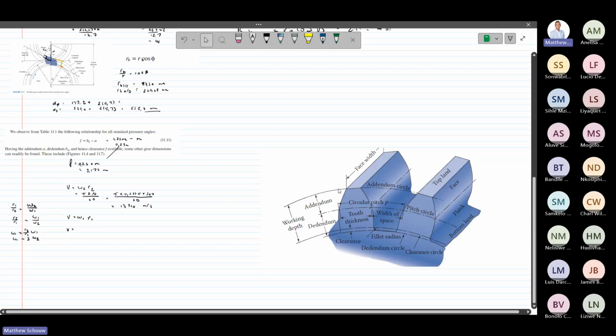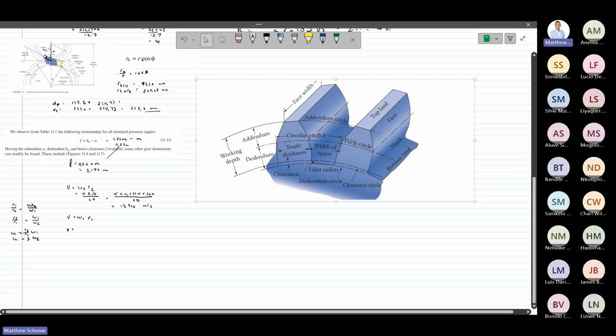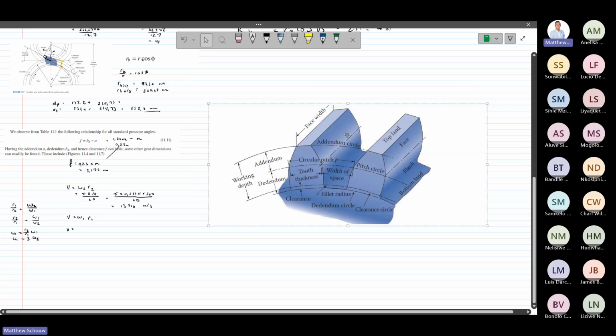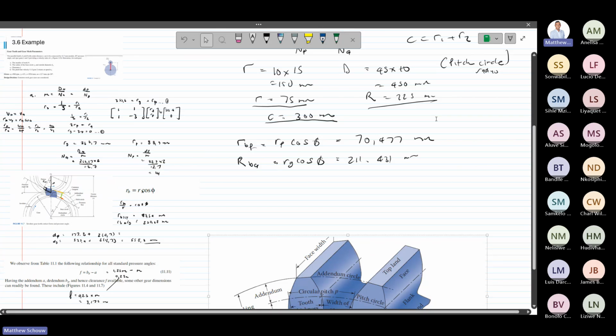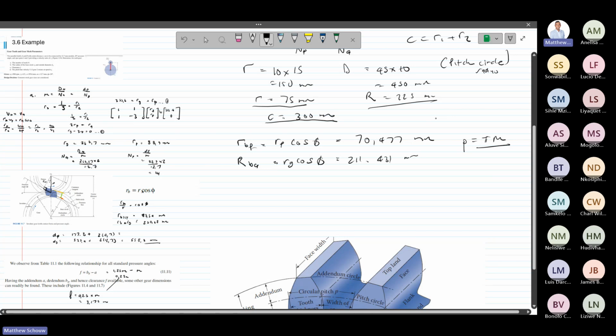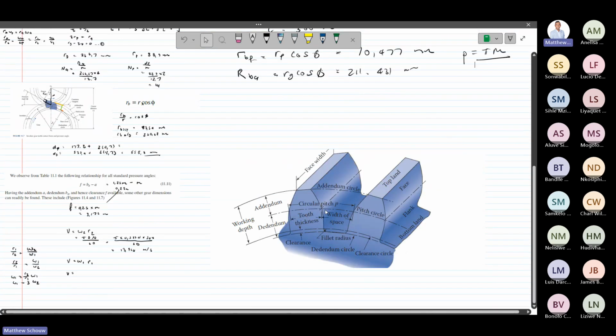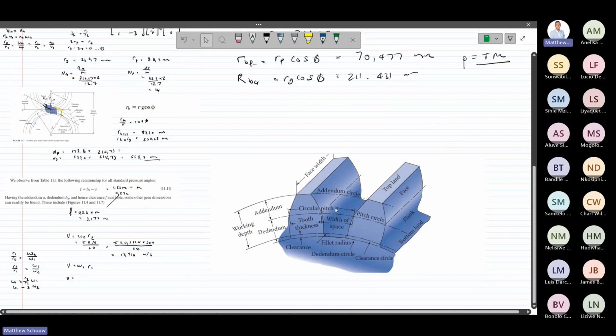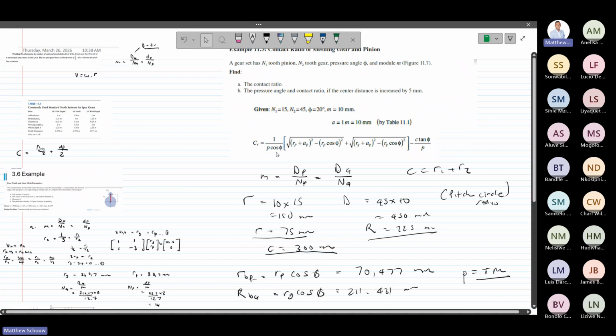So it's this circular pitch. Obviously, you can see why that is important. Your circular pitch is simply pi times m. It's like an arc, hence pi. So that'll come under there.